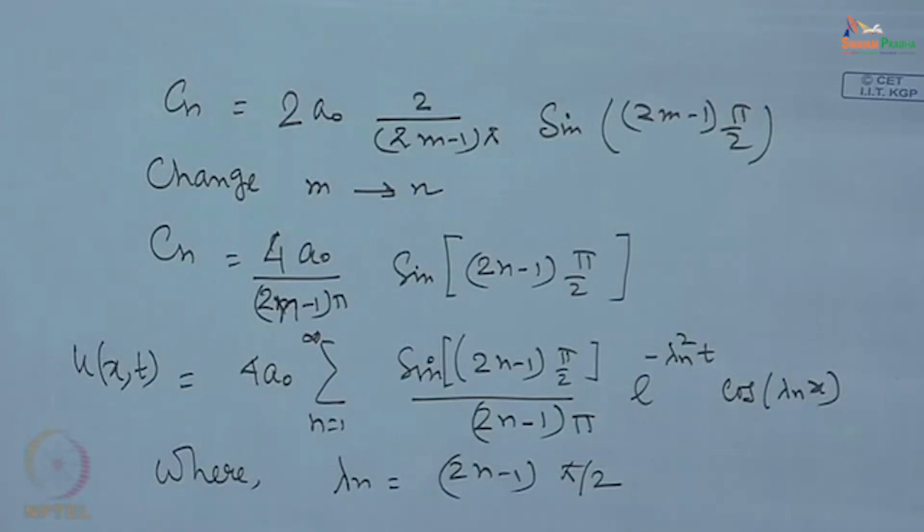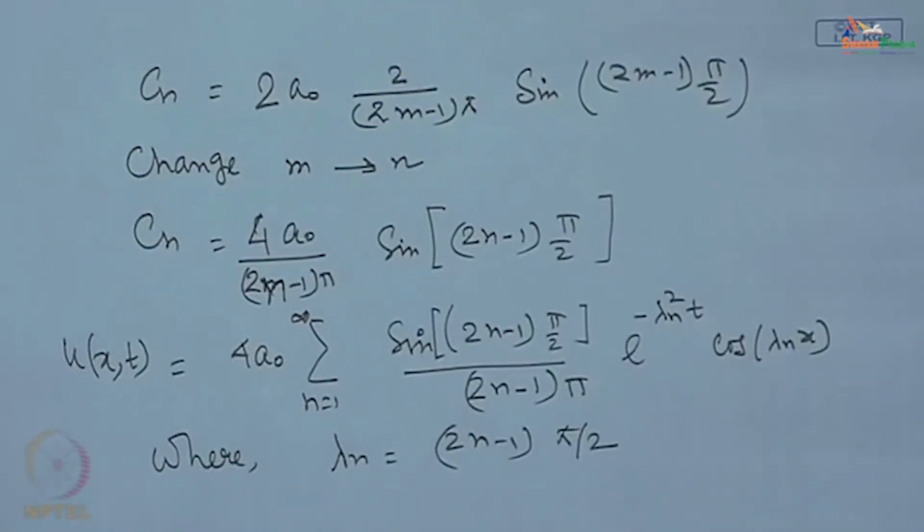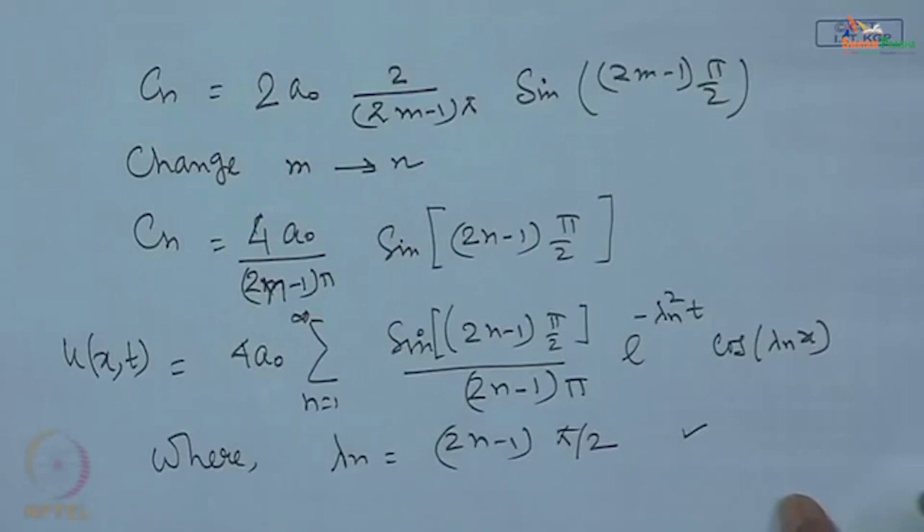So, that gives the complete solution if the function f x is the constant a naught. If it is a known function like x square, e to the power k x, sin k x, cosine k x or whatever, then that integral has to be evaluated by parts. If it is a complicated function, as we mentioned earlier, one can use a numerical technique to evaluate that. So, that gives the complete solution in the case of the Neumann boundary condition of the parabolic partial differential equation.